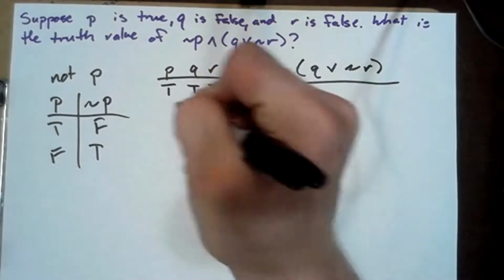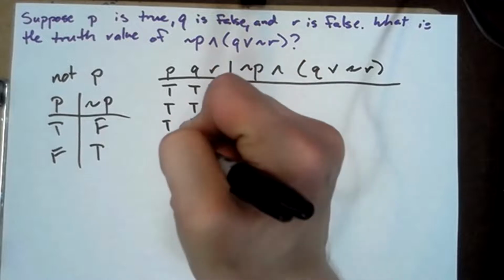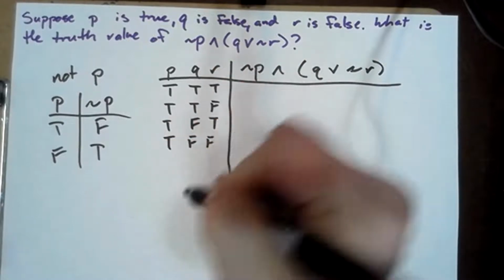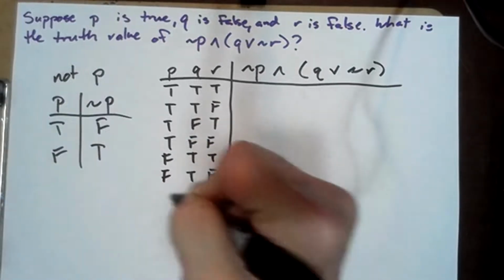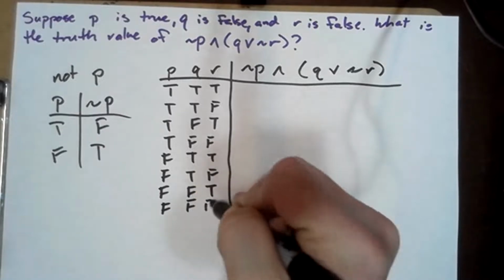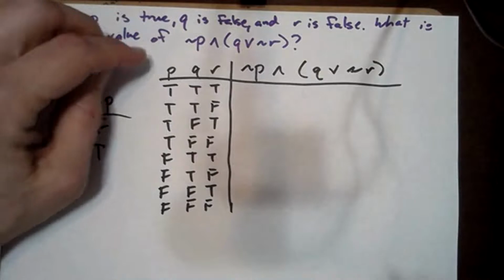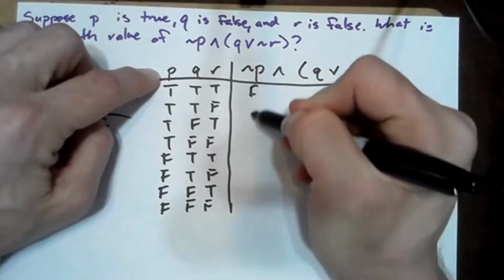True, true, true, true, true, false, true, false, true, true, false, false, false, true, true, false, true, false, false, false, true, false, false, false. And now, if P is true, then not P is false.